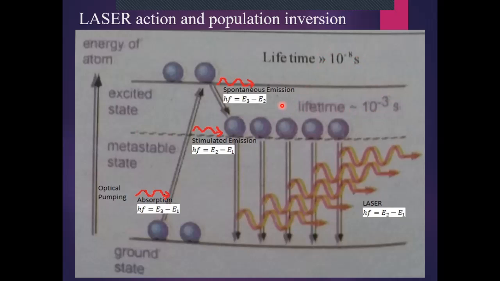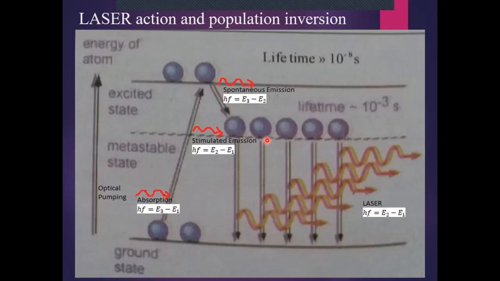So, due to this metastable state, the population inversion is achieved. This is because the time for coming into the metastable state is less as compared to the time for going out of the metastable state. So the population of this metastable state goes on increasing.